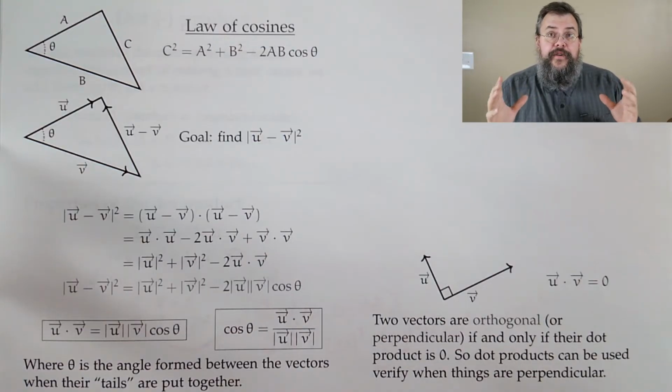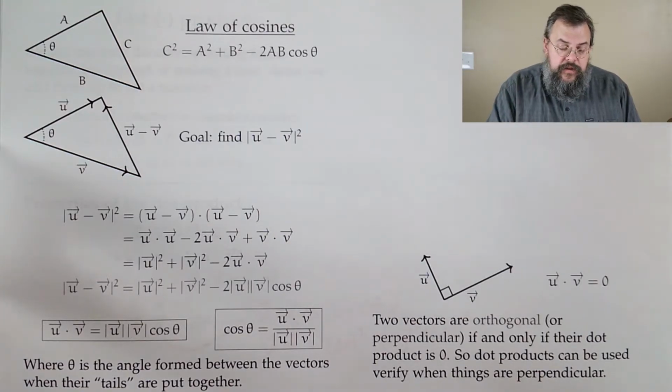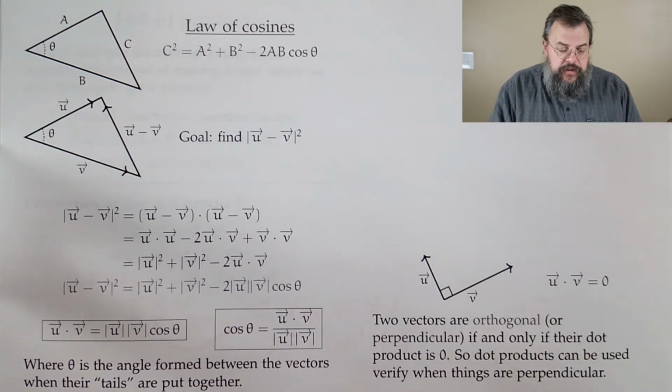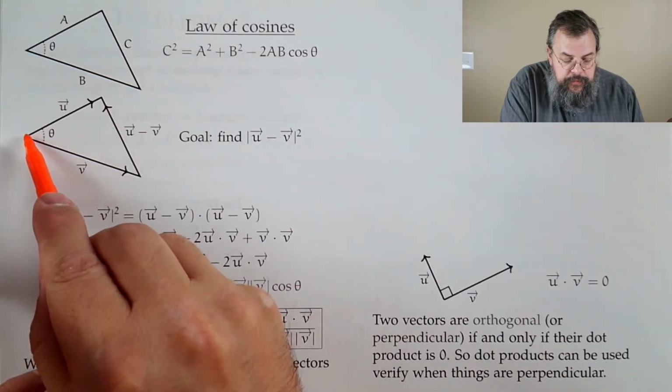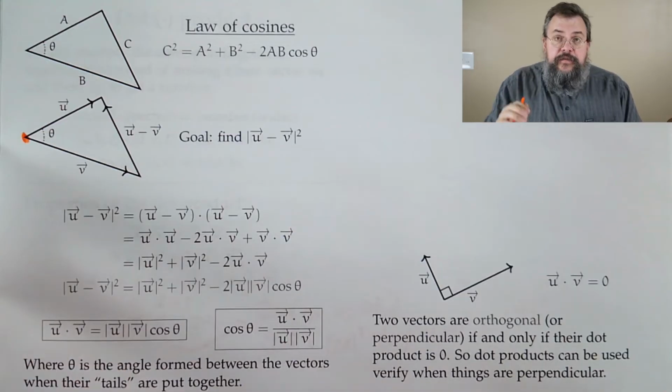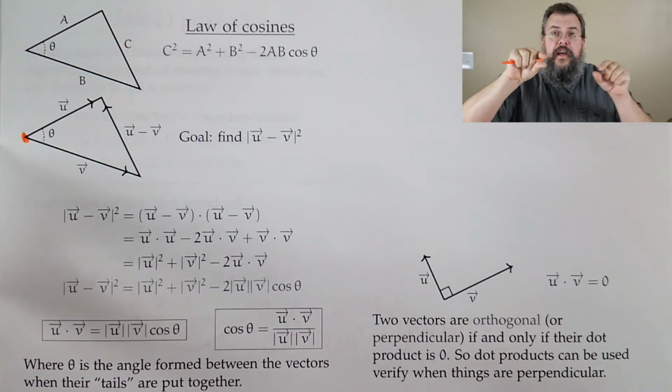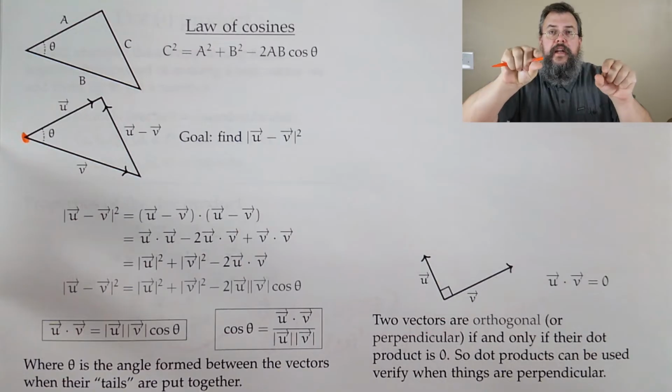So we're going to use the law of cosines and a little bit of the dot product, and let's see what we have. Let's suppose I have two vectors. I've marked two vectors here, and I've put them together. When I say I've put them together, remember, vectors aren't tied to location, so I can move my vector wherever I need it to be.